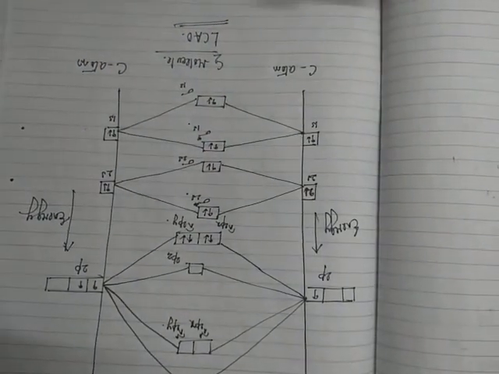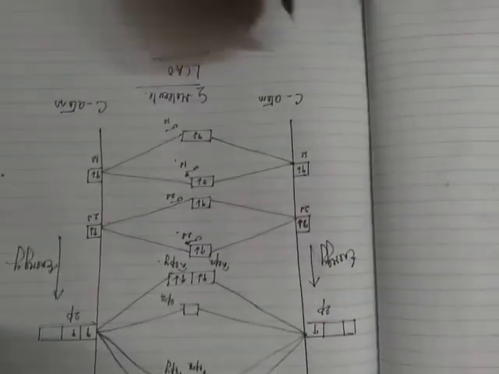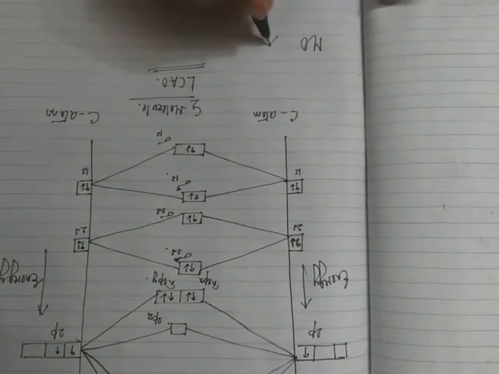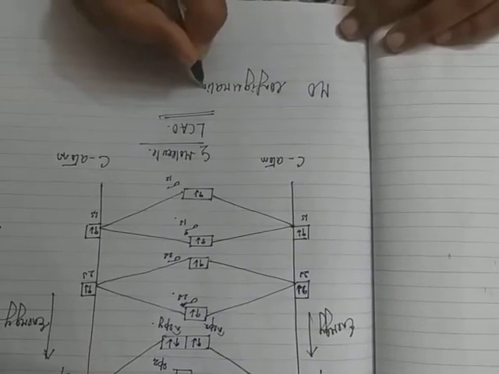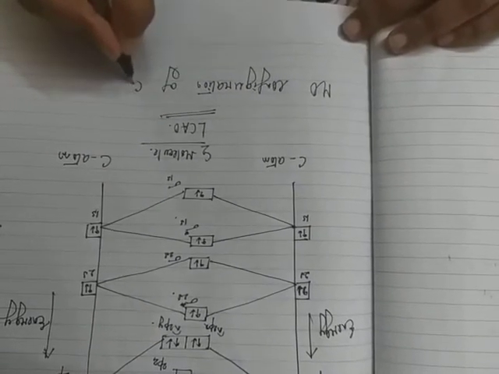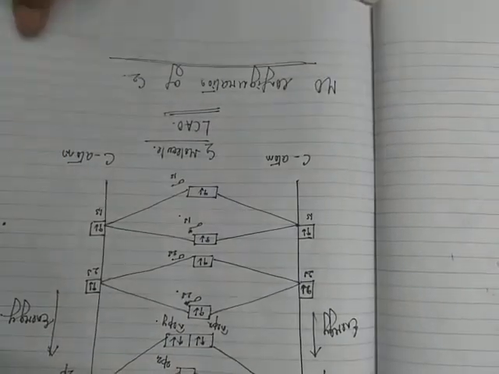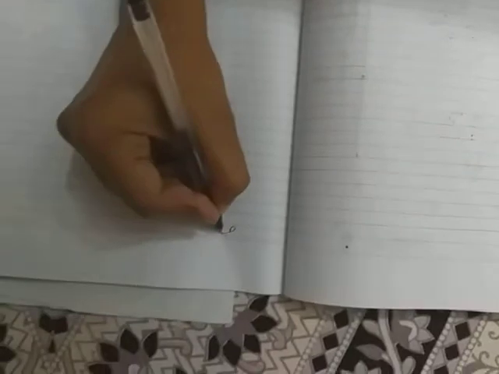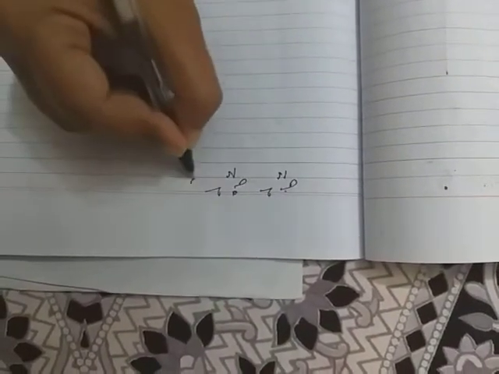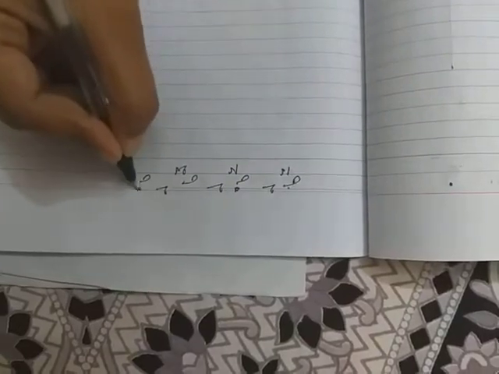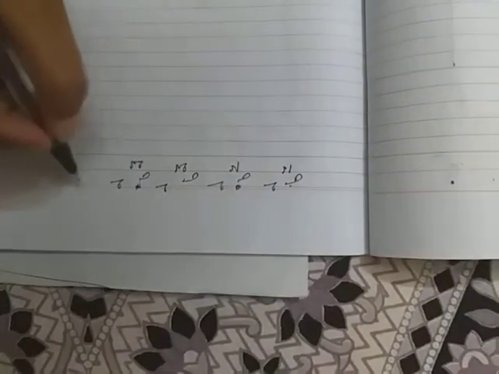So the molecular orbital configuration of carbon would be sigma 1s2, sigma star 1s2, sigma 2s2, sigma star 2s2.